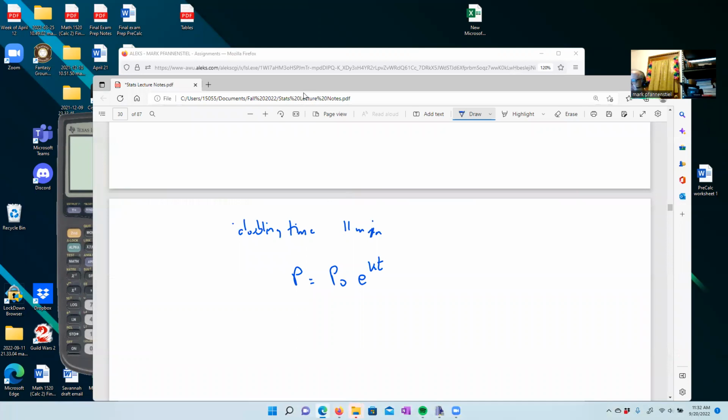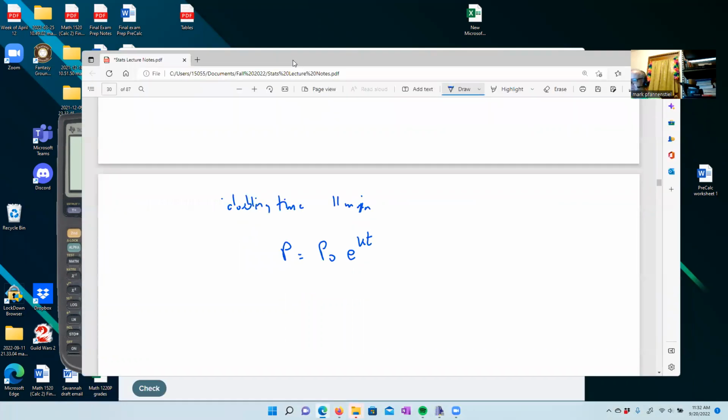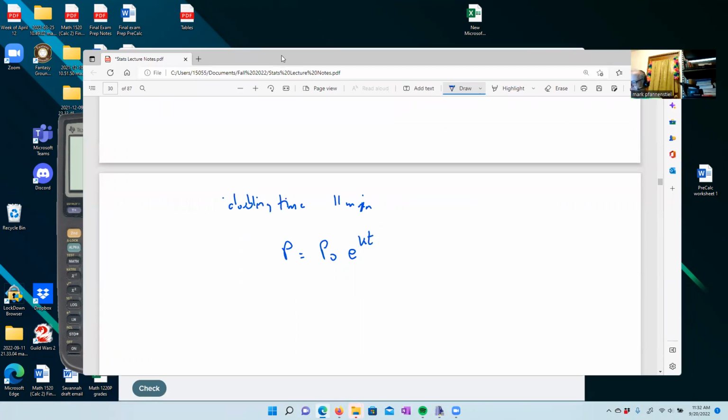Let's see what we have here. We have an initial area of 8.1. And then we're just going to double it, so it doesn't really matter what the initial amount they gave us was. We're just going to say 2 times 8.1 equals 8.1 times e to the kt. How much time did it take for that to happen?